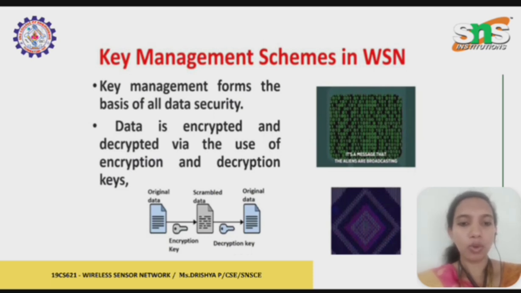That scrambled data is known as cipher text. Then the cipher text is converted back into our original data by using a decryption key. That process is known as decryption. This is the main process in key management schemes in wireless sensor network.